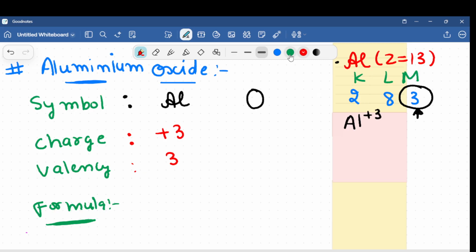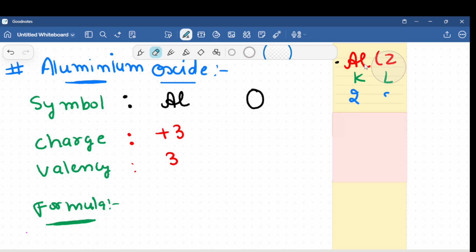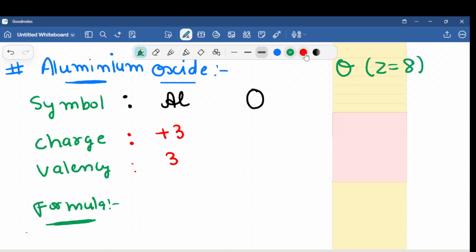Now we will see about oxygen, right? If we talk about oxygen, so oxygen has atomic number 8, and the electronic configuration of oxygen will be 2 and 6, and we can clearly see that valence electrons are 6. But oxygen is a non-metal, and non-metals are electronegative in nature.